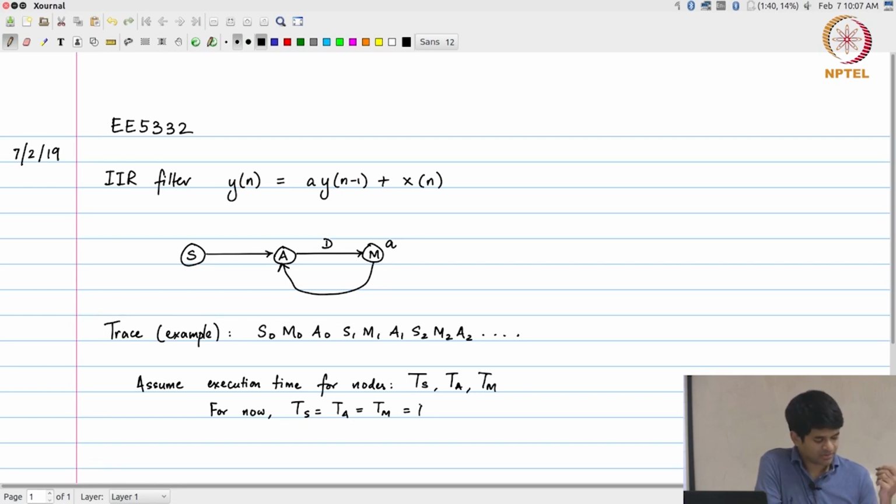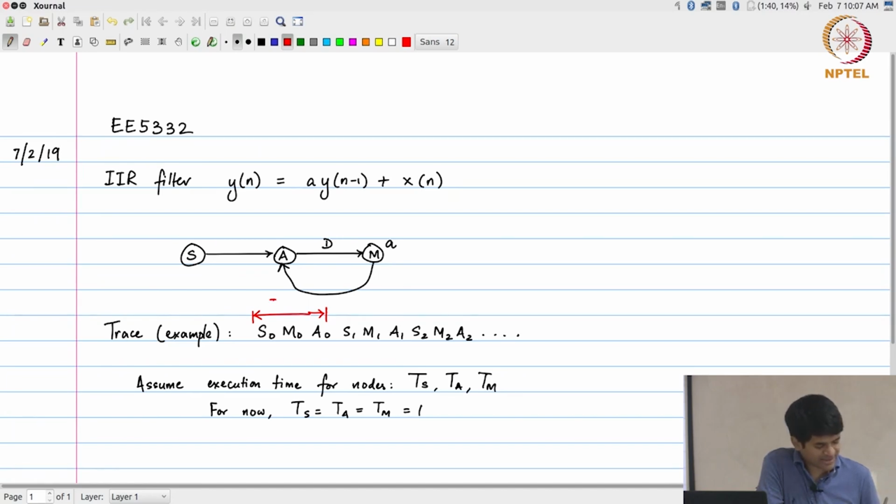Okay. So, with the numbers that I have put down over here, what is the iteration period for this trace that I have written? 3, right? Why? Because essentially what I can look at is this is one iteration, right? S0, M0, A0. Once I have finished all 3 of them, essentially it means that all 3 actors in the graph have executed once. That is the completion of one iteration.